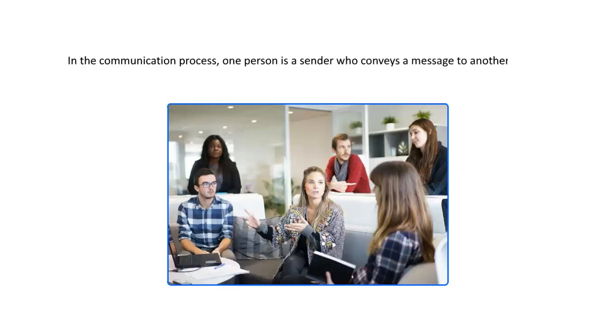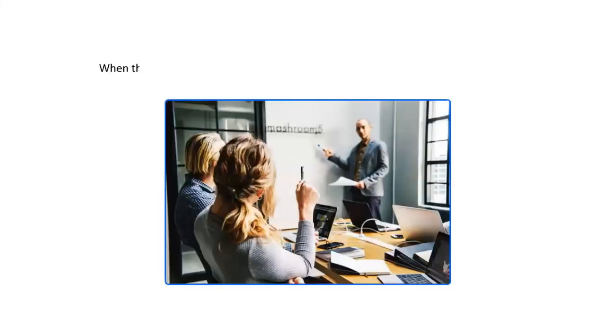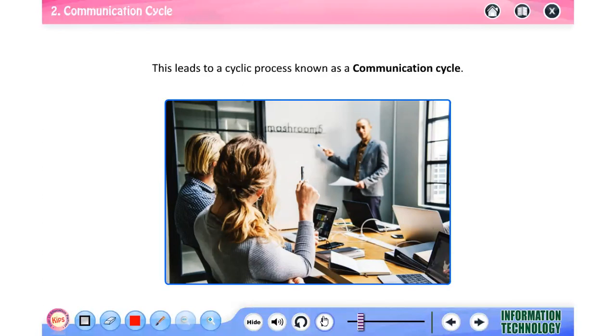Thus, the communication process lists the steps we take to comprehend each other properly. In the communication process, one person is a sender who conveys a message to another person or a group of persons known as the receiver. When the receiver gets the message, he acknowledges it and sends back a response. This leads to a cyclic process known as a communication cycle.